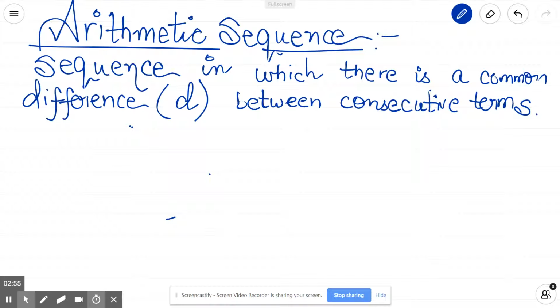So hopefully you're able to read this over here, and now I'm going to explain this with an example.